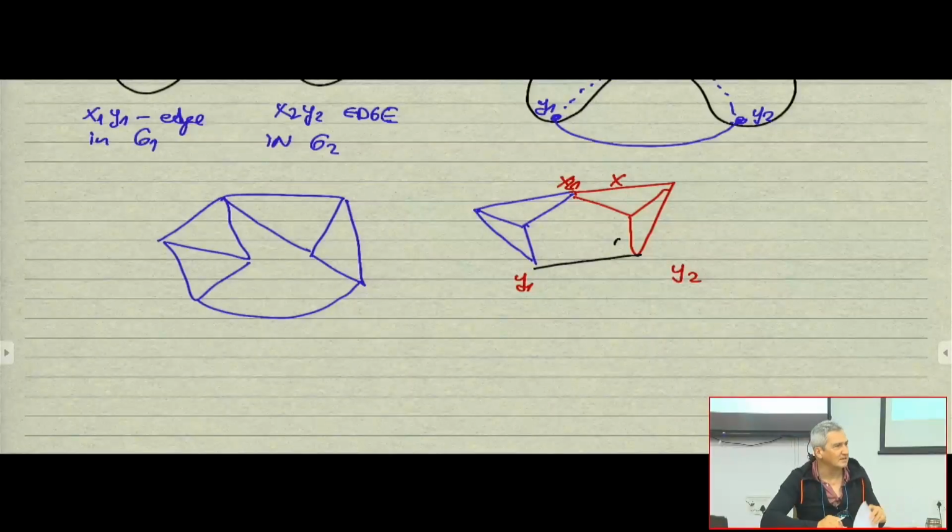This was the Hajós construction. How much more time do you give me? One hour? Maybe you can give one hour for lecture, and exercises later, and then we do some more exercises. It's good to do more critical graphs, or maybe as part of the exercises.